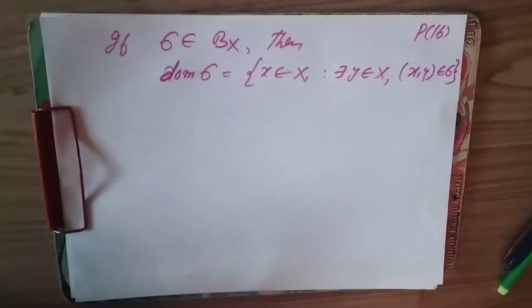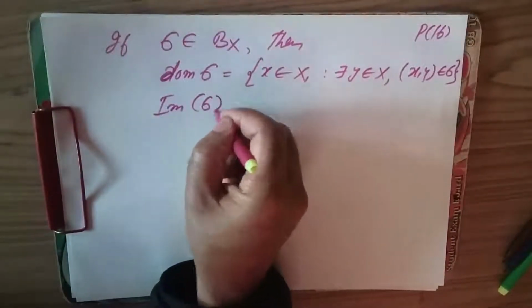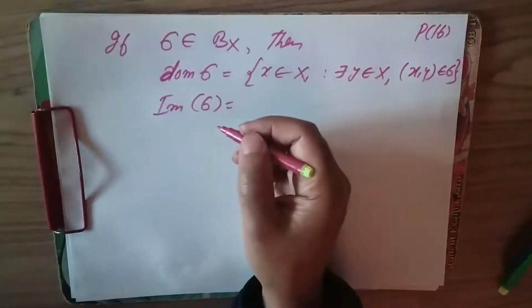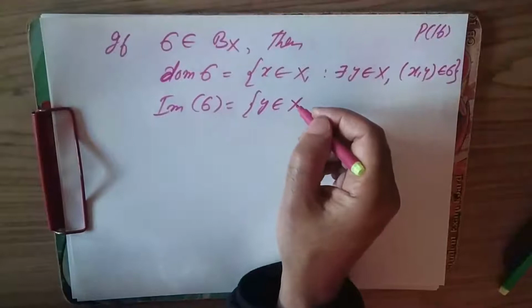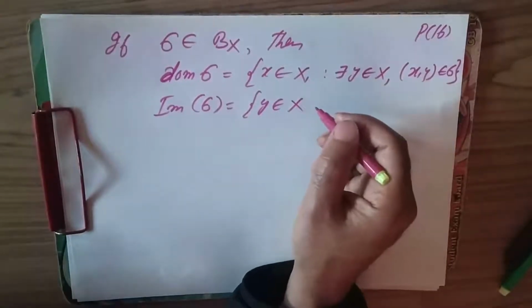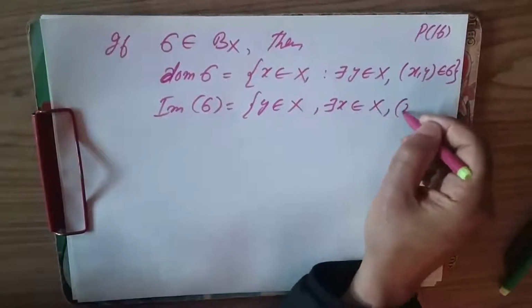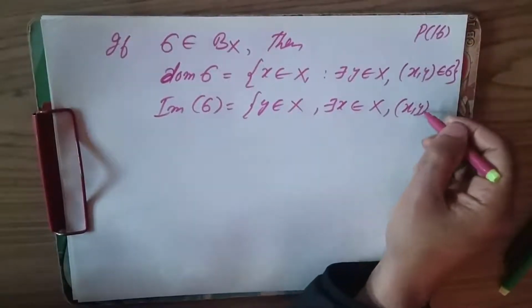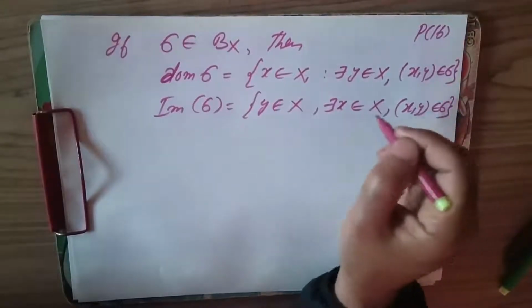And what's the image of sigma? It's the set of y in X such that there exists x in X with (x, y), the second entry, belonging to sigma.